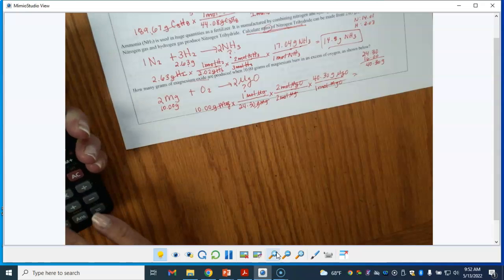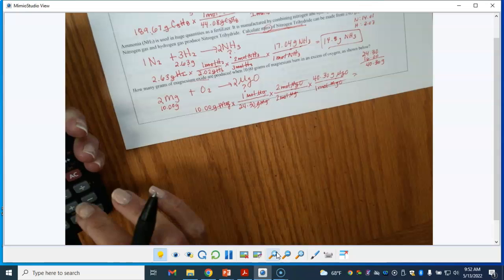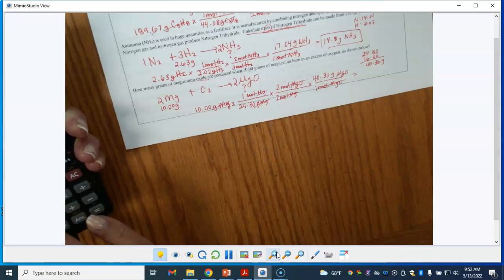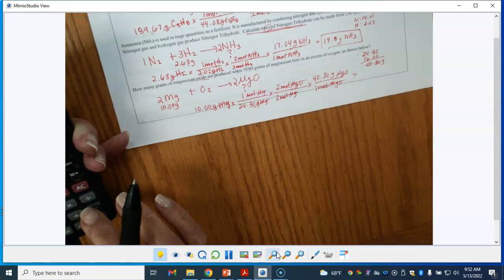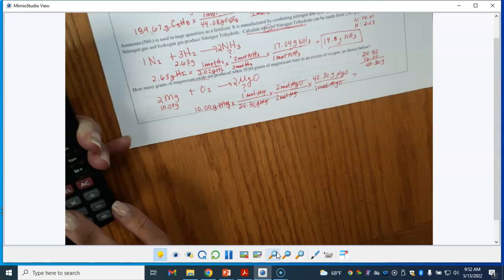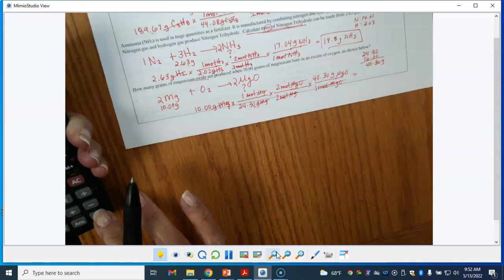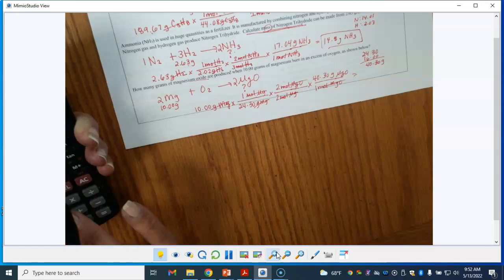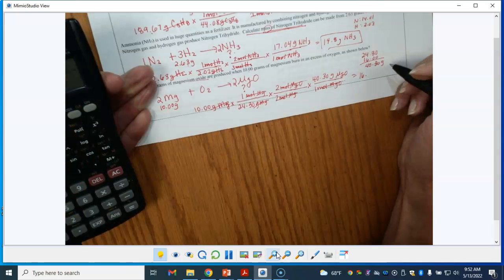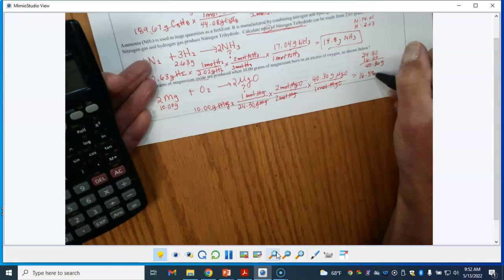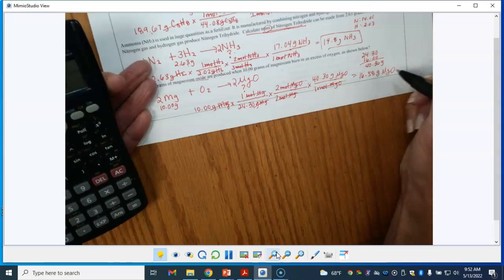So I'm going to multiply 10 times 2 times 40.30, divided by 24.30 times 2, is equal to 16.58 grams of magnesium oxide.